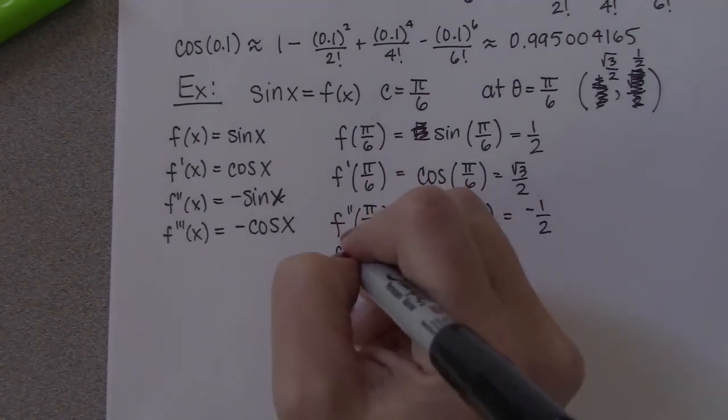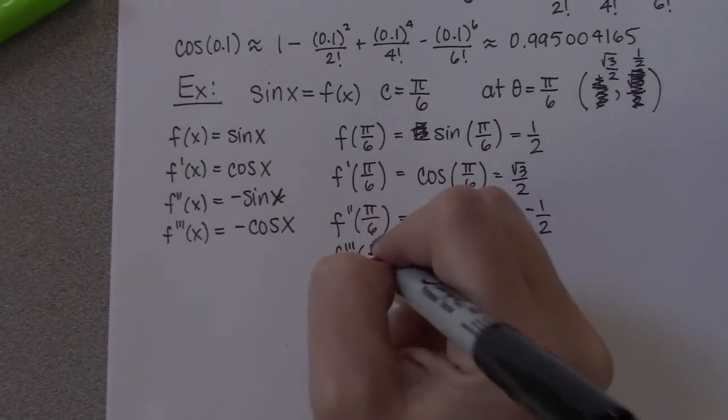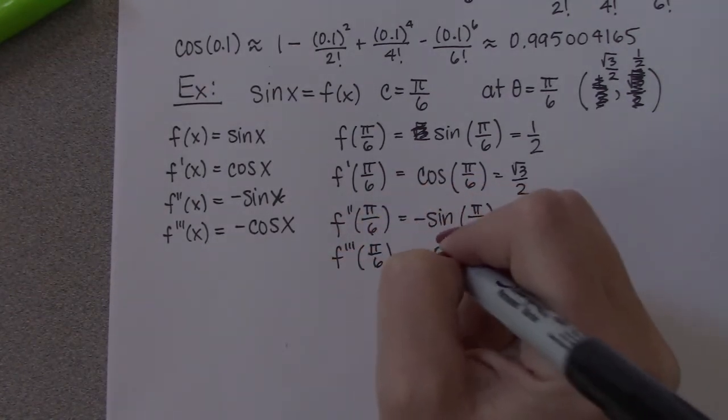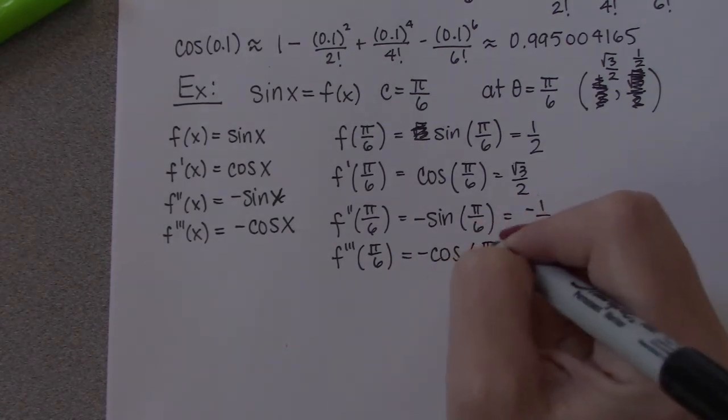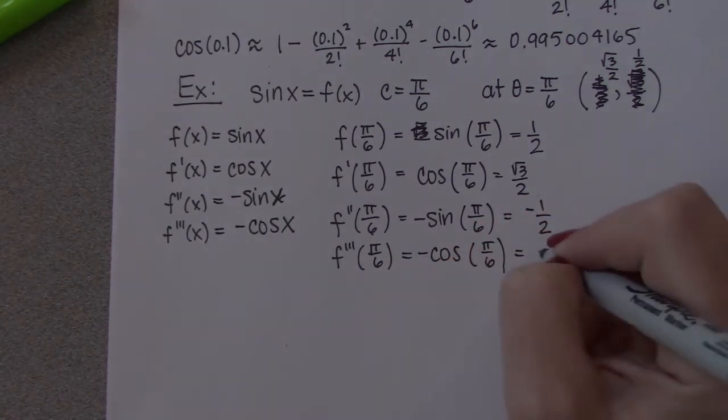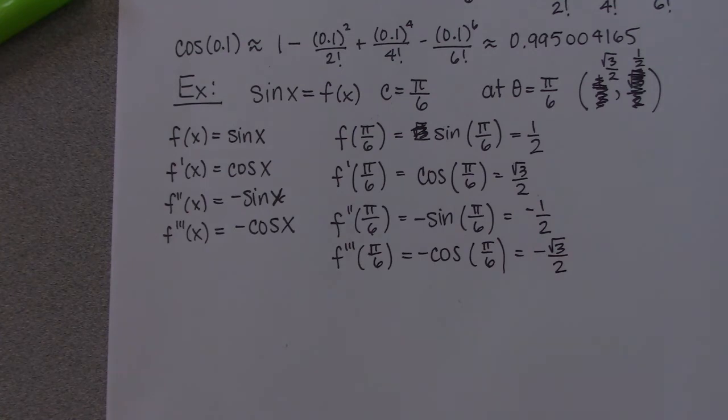And then the third derivative at pi over 6 is negative cosine pi over 6, so that's negative square root of 3 over 2. So there's a very clear pattern emerging for our coefficients. We're going to get positive 1/2, then positive square root of 3 over 2, then negative 1/2, negative square root of 3 over 2, and then it'll loop back around.